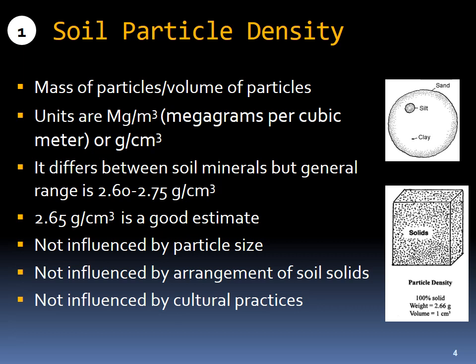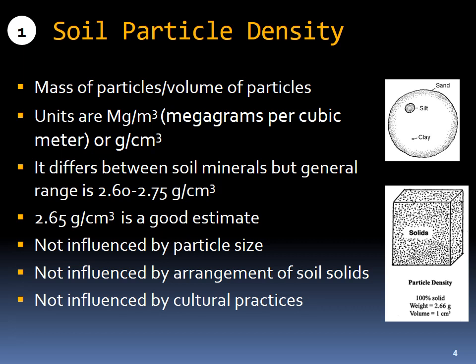Now, to calculate the particle density, we have to assume that we put all the particles, compressed, in this shape to form this cube. It's without air, without organic matter, it's only the particles. Then you weigh it and divide it by the volume of this cube, which is 1 cubic meter. And then you get the particle density.